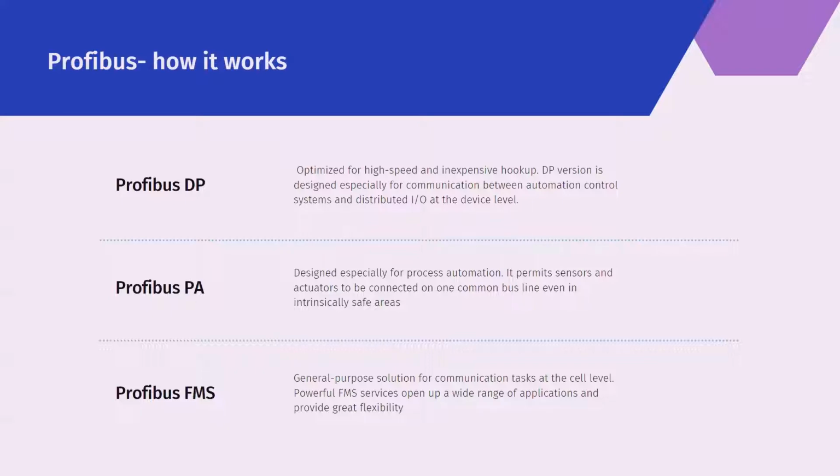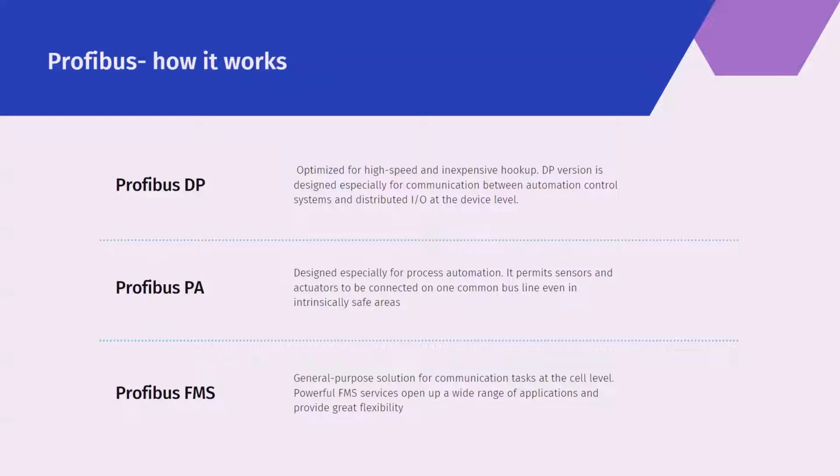It is designed especially for communication between automation control systems and distributed I/O at the device level. The PA version is designed especially for process automation. It permits sensors and actuators to be connected on one common bus line, even in intrinsically safe areas.